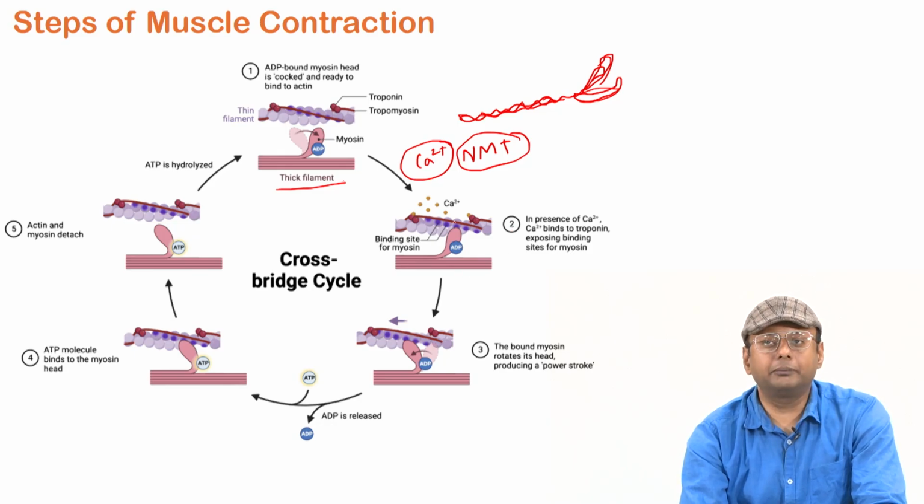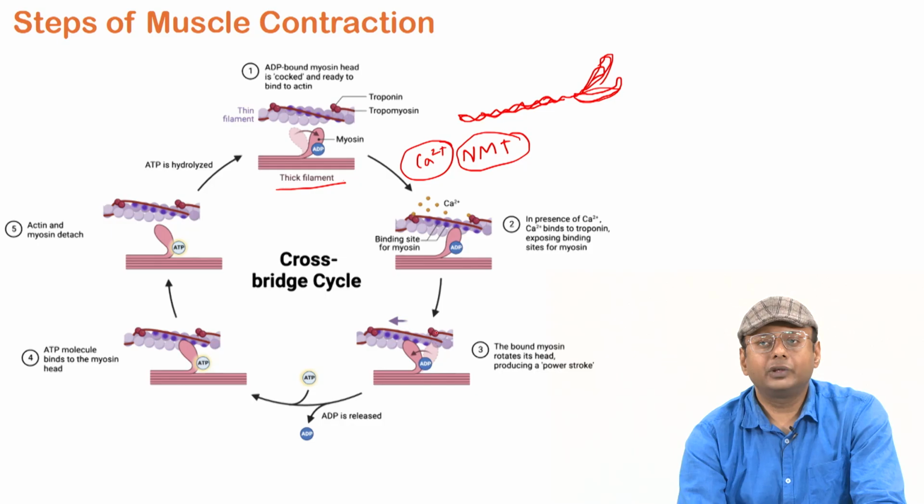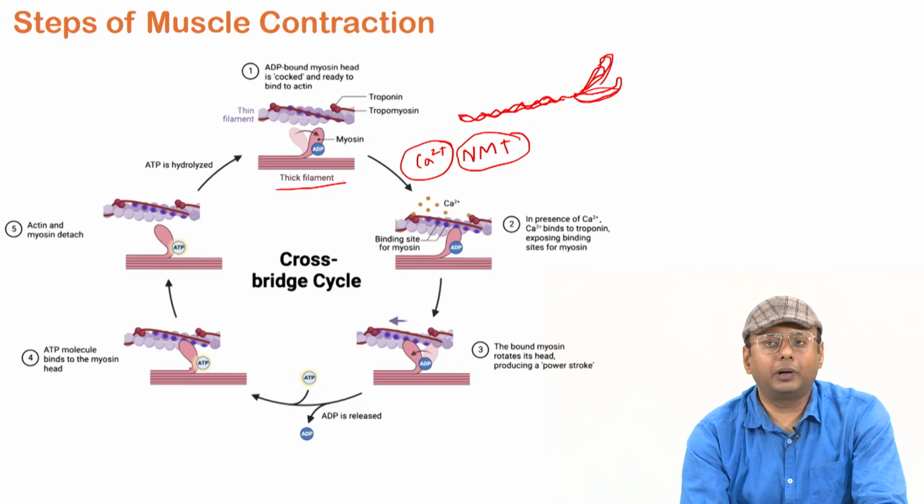That means myosin can bind to the actin, and once it binds, you can see the bound myosin rotates its head, producing a power stroke. In the next stage, ADP is released and an ATP molecule binds with the myosin head.